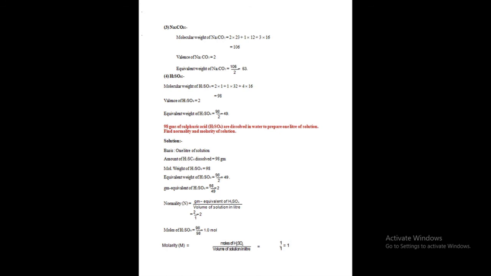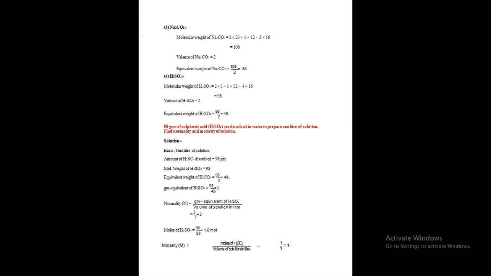Are you clear? Okay. So the weight of sulfuric acid is 98, the equivalent weight of sulfuric acid is 49, so gram equivalent of sulfuric acid is equal to 2.